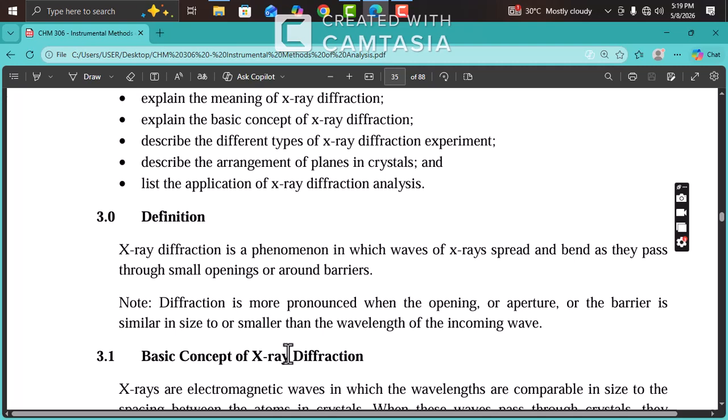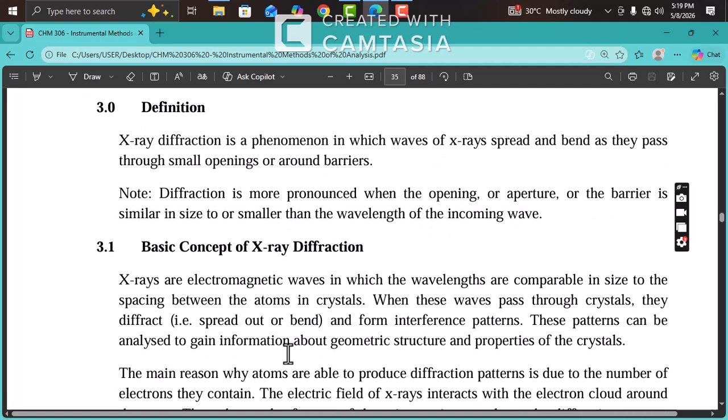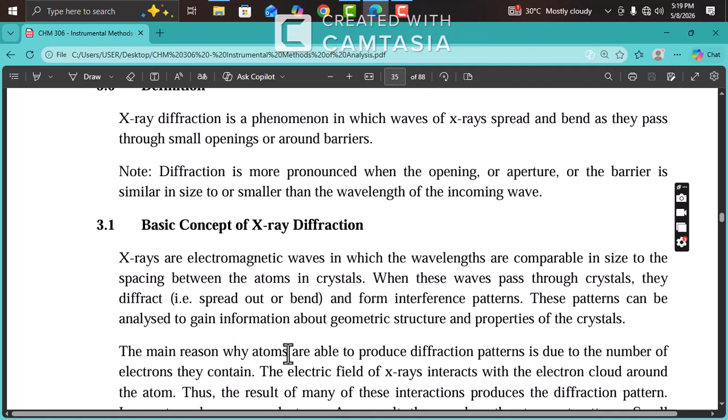Now, X-ray diffraction is a phenomenon in which the waves of X-rays spread and bend as they pass through small openings or around barriers. So we've talked about X-rays, right? But when the waves pass through crystals, this is the line I want you to look at.